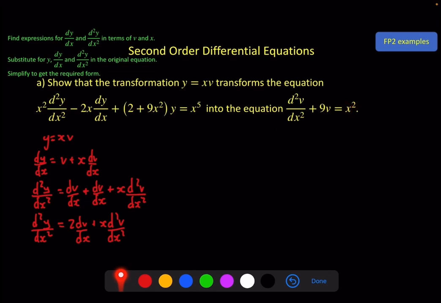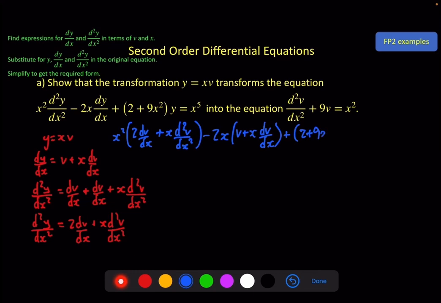Change into, let's go blue, x squared times 2 dv by dx plus x d2v by dx squared, minus 2x lots of the first derivative of y, v plus x dv by dx, plus 2 plus 9x squared times y, which is xv. And all of that has to equal x to the power 5.